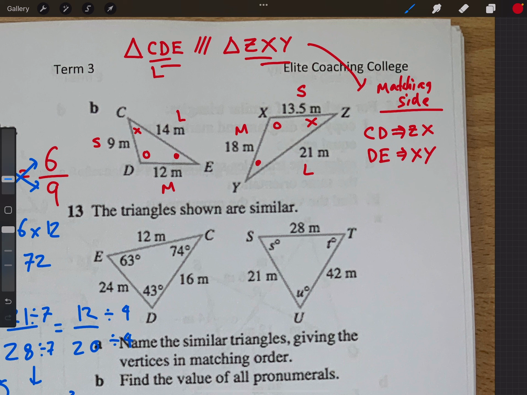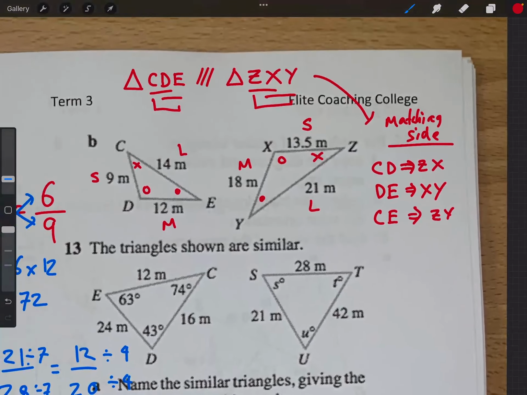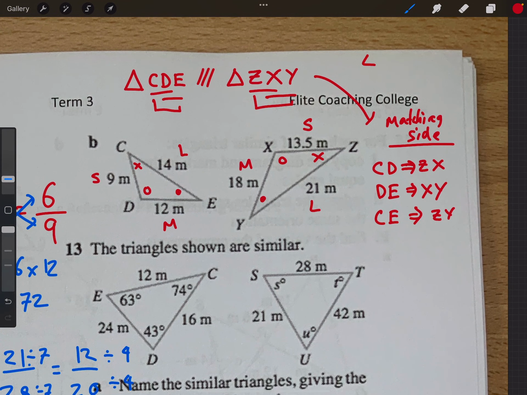And you can say CE is matching to ZY. Those are the matching sides. Now the matching angles. You can say angle C, angle D, and angle E. Angle C will match with angle Z. Angle D will match with angle X, and angle E will match with angle Y.